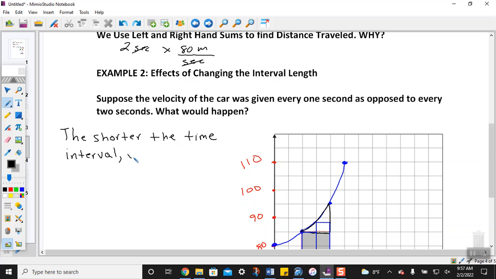We get a more accurate estimate. Okay. So if I start shortening those time intervals, meaning more bars or less bars, guys? Wider bars or thinner bars? Thinner bars are going to be better than wider bars for approximation. That's what this is really saying here, okay?